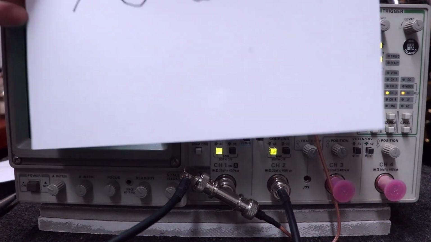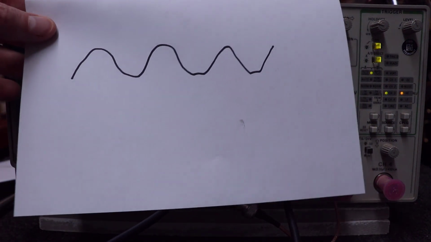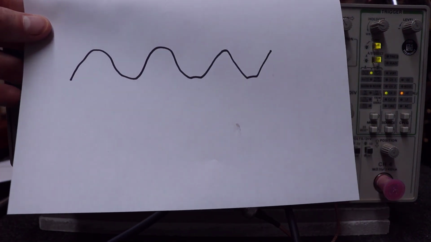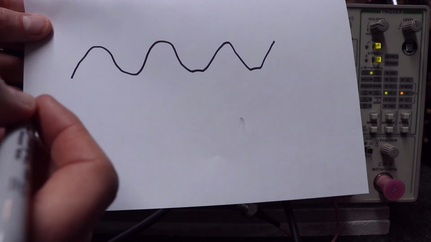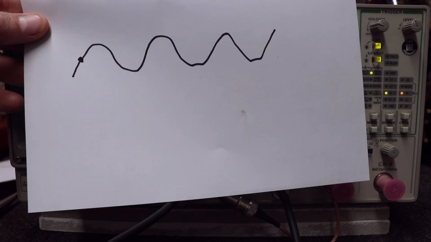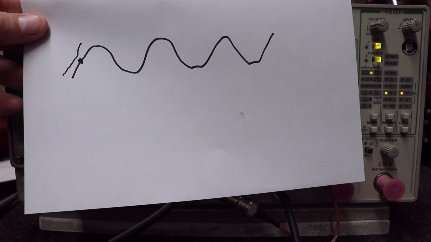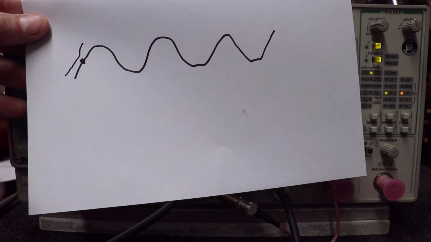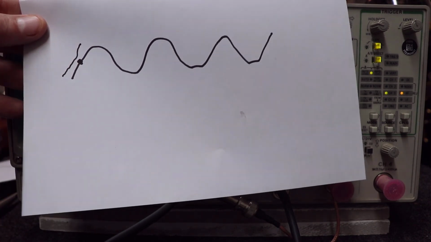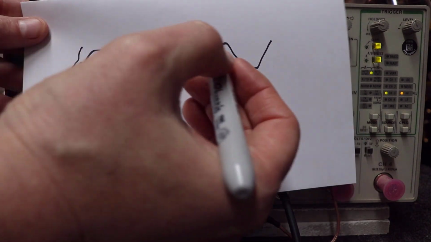When you have something like this, a repeating sine wave, and yes, my drawing is horrific, you typically pick a spot on the sine wave, let's say this spot right here on the upswing, so the slope going this direction. You want to lock in on it. You lock in there, and again here, and again here, because you're on the upswing.